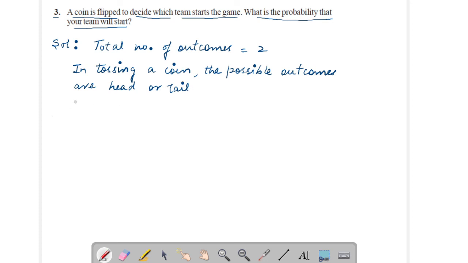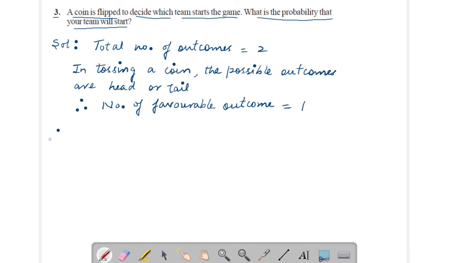Therefore, the number of favorable outcomes is 1.